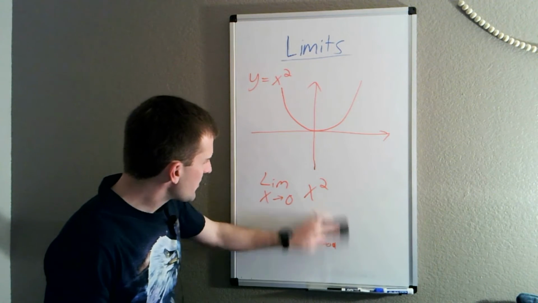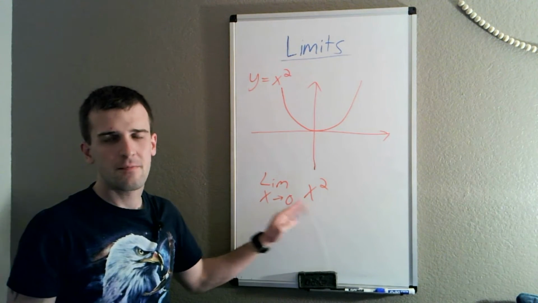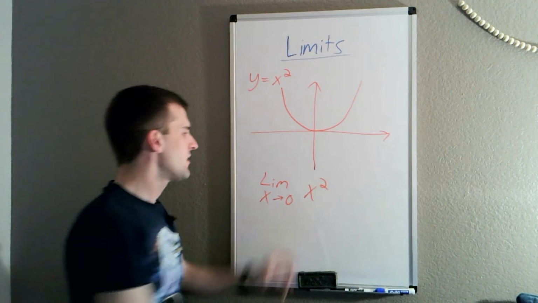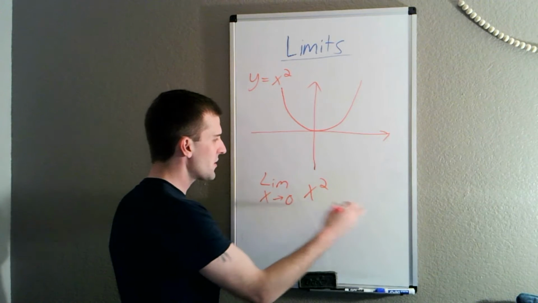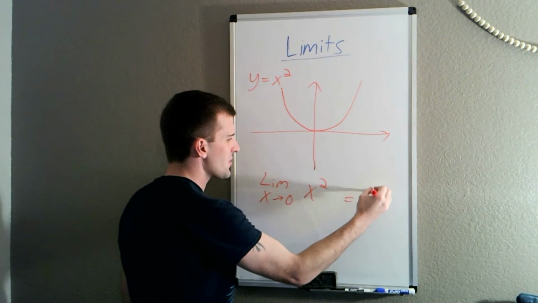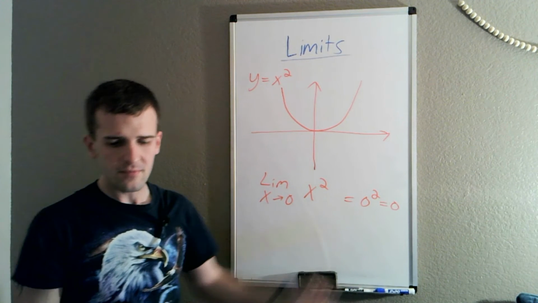And whenever you have limits, the first thing you should do is just plug it in and see if you can get the right answer. So this is going to be our first limit. The limit as x approaches 0 of x squared is just 0 squared, which is just 0. You can just plug it in.